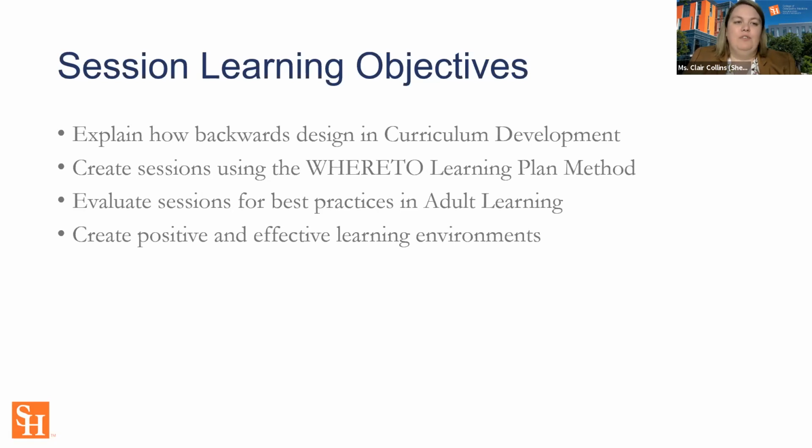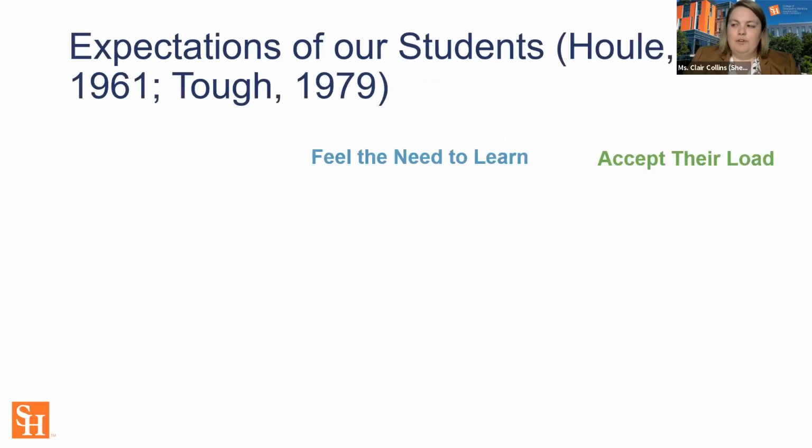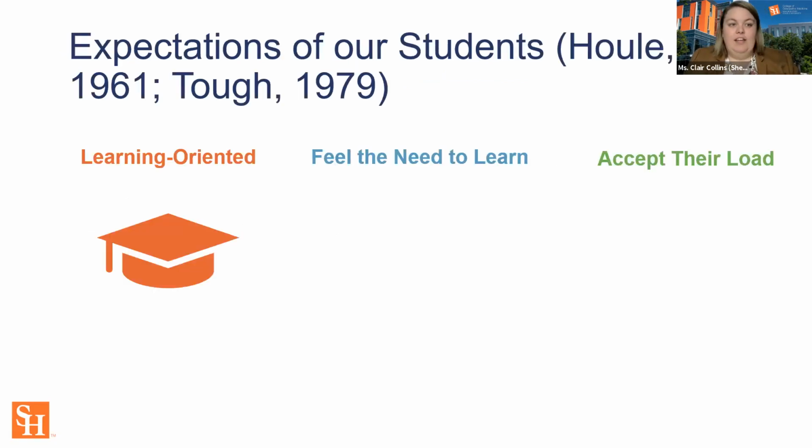We are going to create sessions using the WHERETO learning plan method. You are going to be able to evaluate sessions for best practices in adult learning. And then you'll also be able to create positive and effective learning environments for any students that you come in contact with.